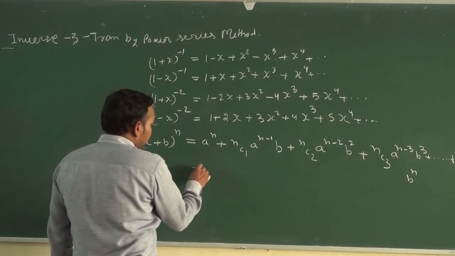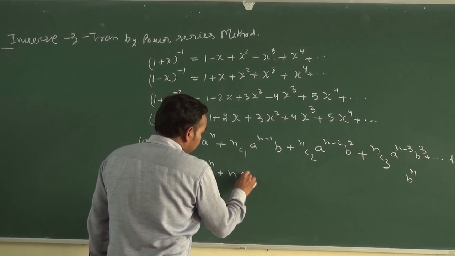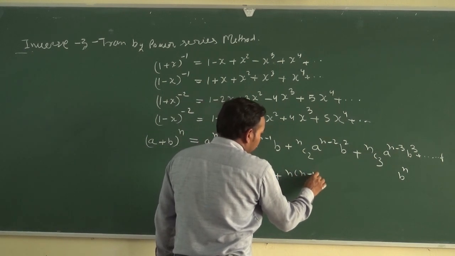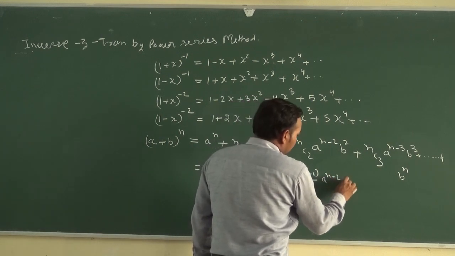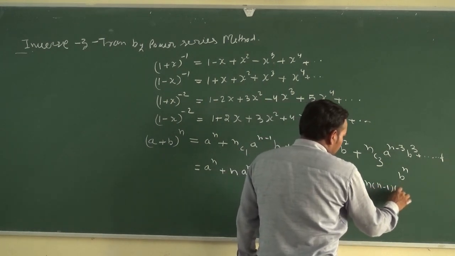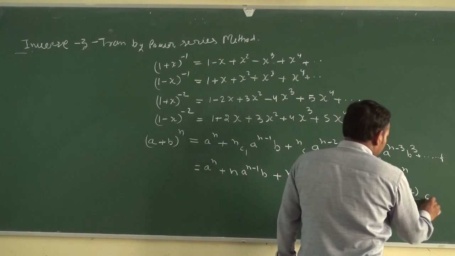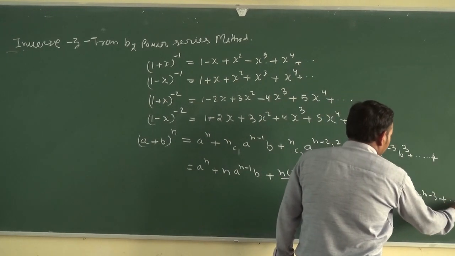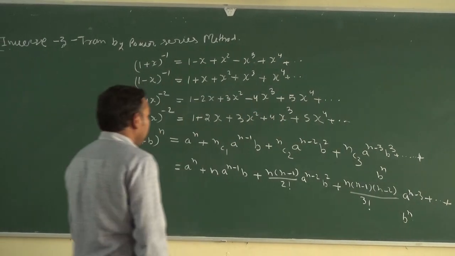Or we can write a to the power n plus n a to the power n minus 1 b plus n(n minus 1) upon 2 factorial a to the power n minus 2 b square plus n(n minus 1)(n minus 2) upon 3 factorial a to the power n minus 3 b cube, and so on.